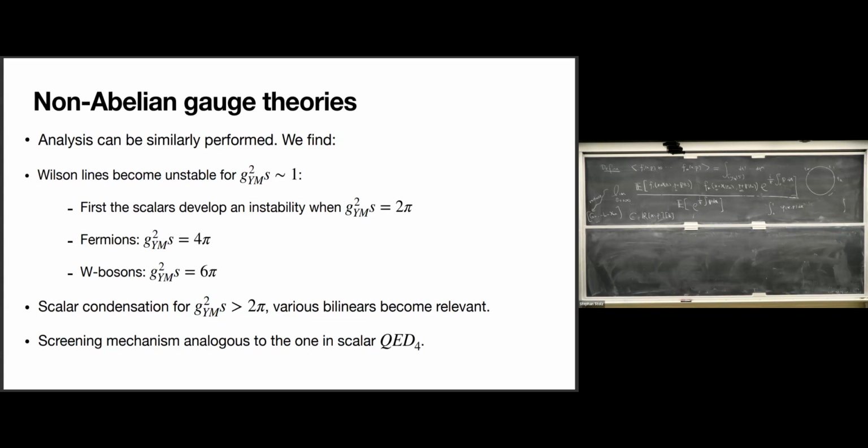What we get is that Wilson lines become unstable once the representation is such that g Yang-Mills squared times S is of order 1. For super Yang-Mills with gauge group SU(2), the first particles to develop an instability are the scalar fields. This happens once this is 2 pi.